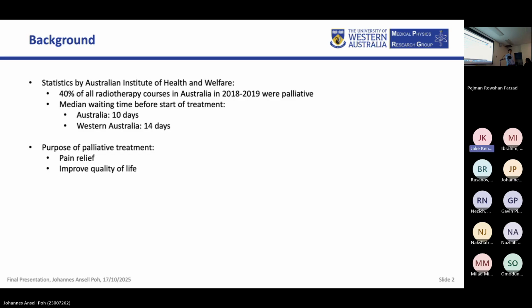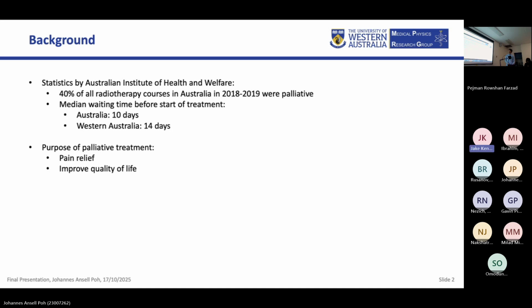Also, the median waiting time before the start of treatment is longer in Western Australia at 14 days compared to Australia at 10 days. This is important, especially for palliative patients, where the main purpose of treatment is to give them pain relief and improve their quality of life.